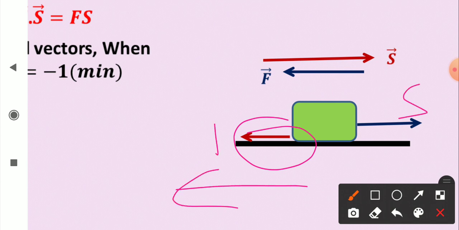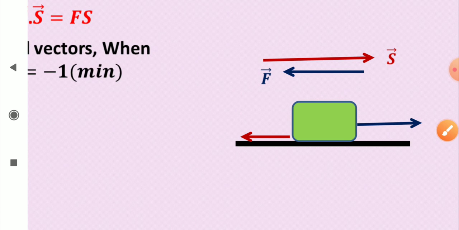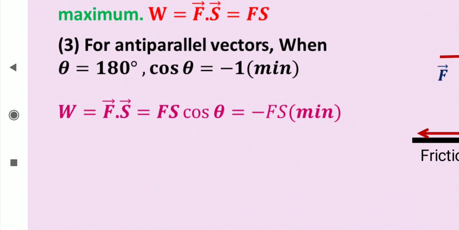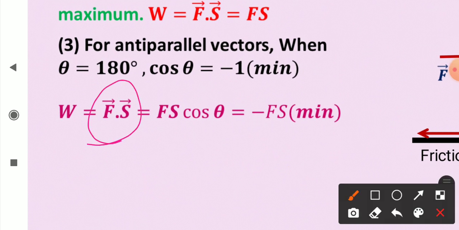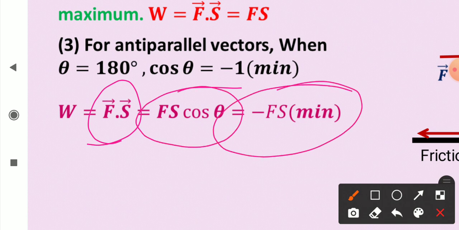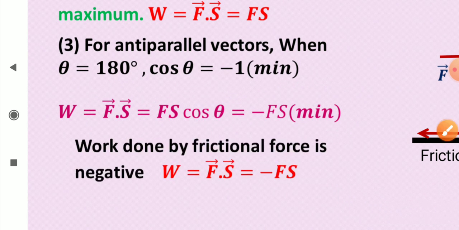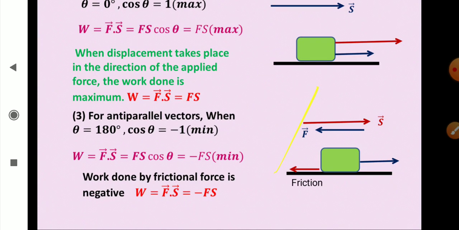So, this is displacement, this is frictional force. See here, the angle between force and displacement is 180 degrees. So, the work done here is F dot S or Fs cos 180 degrees, that is minus Fs. So, work done is negative in this case. Work done by frictional force is negative. So, the work done can be negative, can be positive, can be 0. It can have any sign.